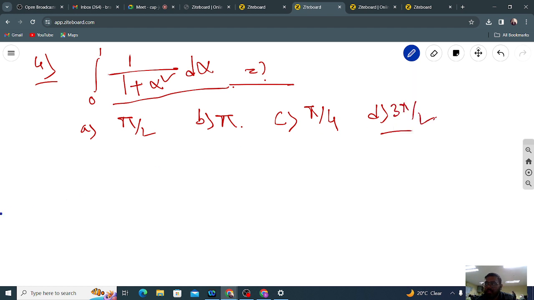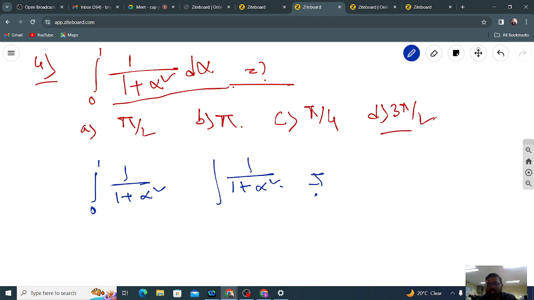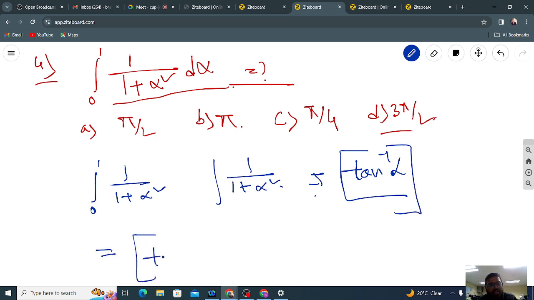Okay, so we know that it's very easy. What happens if the function is 1 by 1 plus alpha squared? The integration of it is the tan inverse alpha function. So it will be tan inverse alpha from the value 0 to 1.